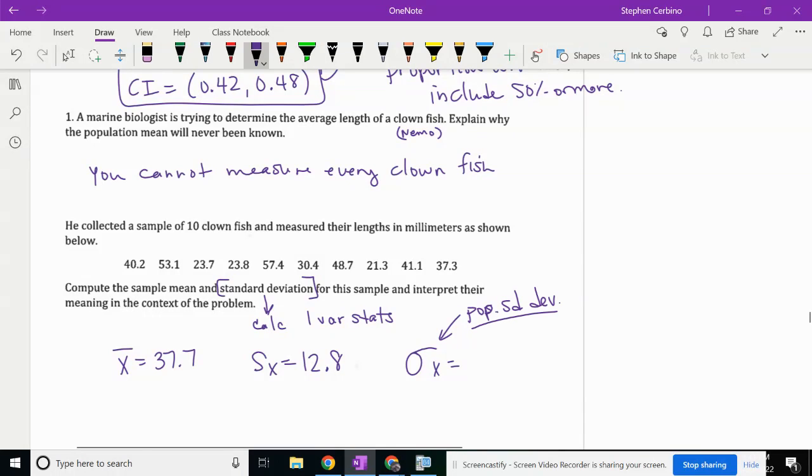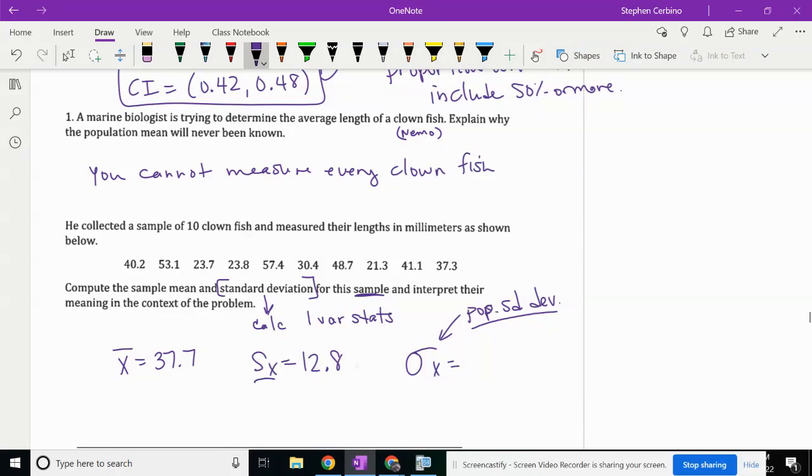We really don't ever use that for this class, but it's something that they could ask you for, right? I've never seen it, but it's possible. But it does ask us specifically for the standard deviation of this sample, not of the population of clownfish. All right, so the calculator gives you both. You just have to identify which one you want. So we want sample, which is SX.